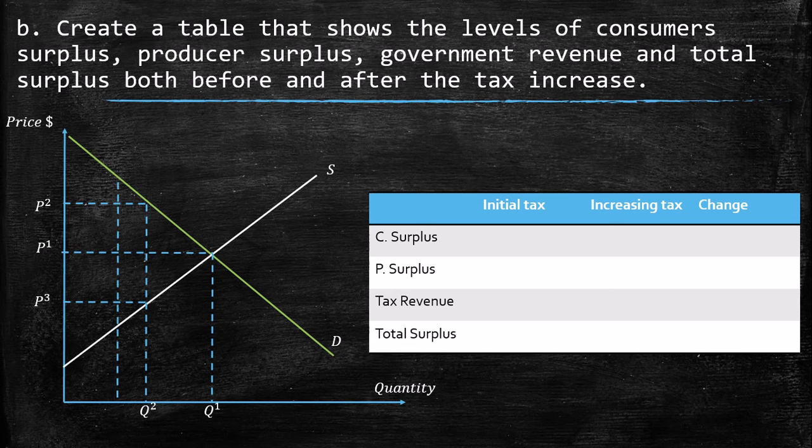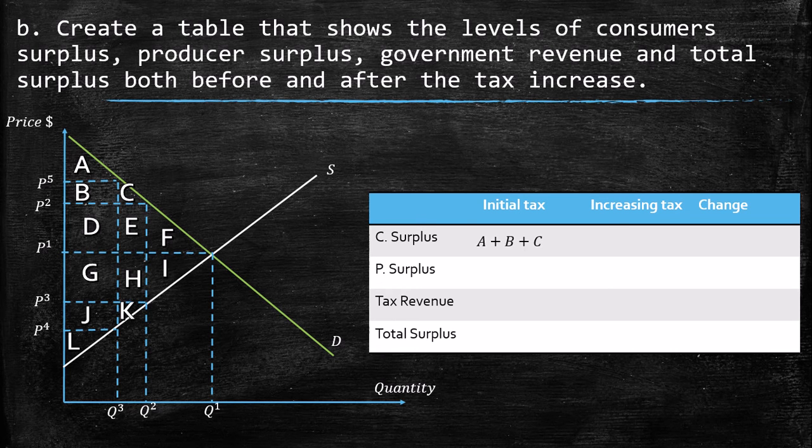Now there is the increase of the taxes. So we are going to split all the areas in order to understand a little bit what's going on with this market. So here we have all the sections, split.